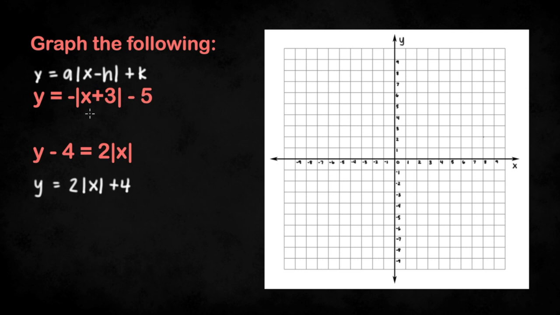This is because you have to subtract a -3 to get the x plus 3. Given that h is -3 and k is -5, we can move 3 units left and 5 units down to plot the vertex.